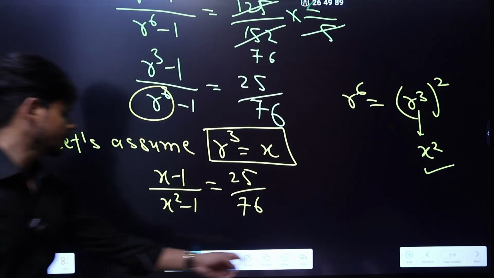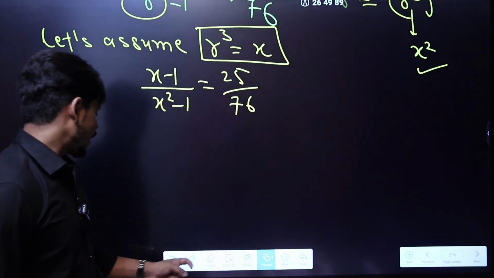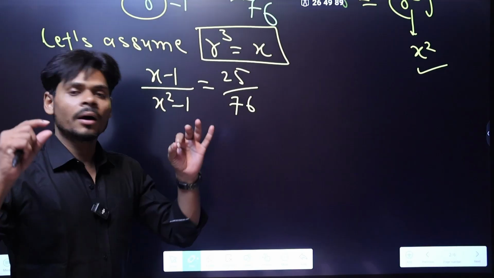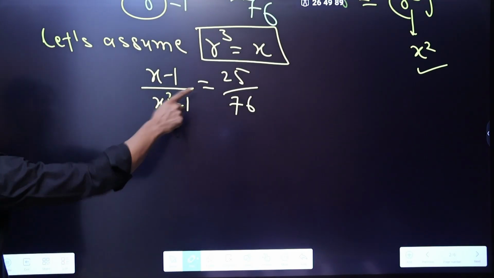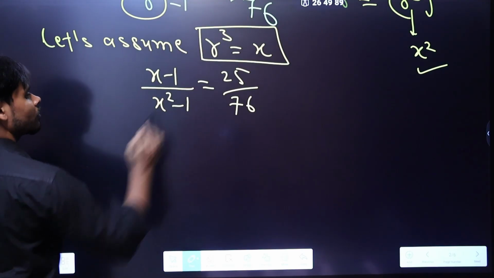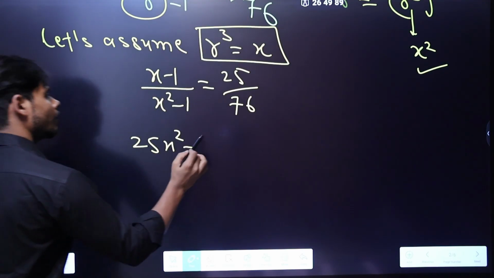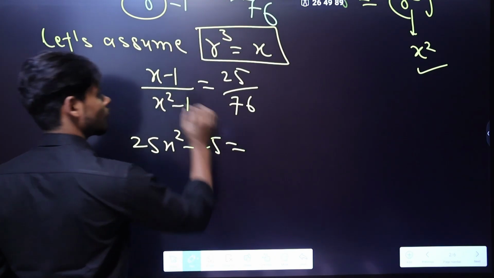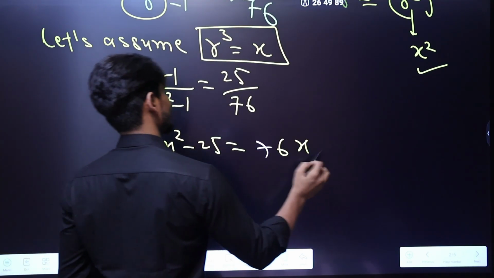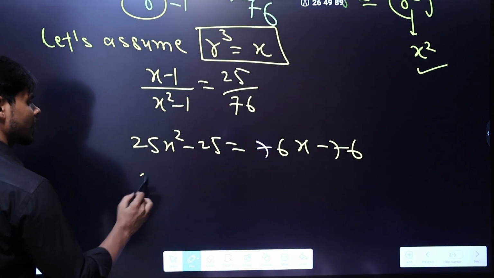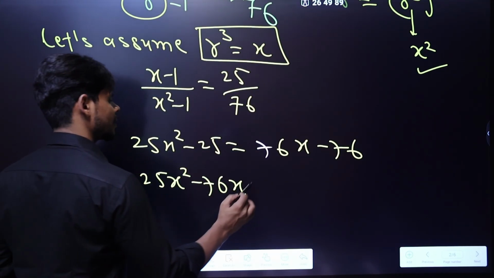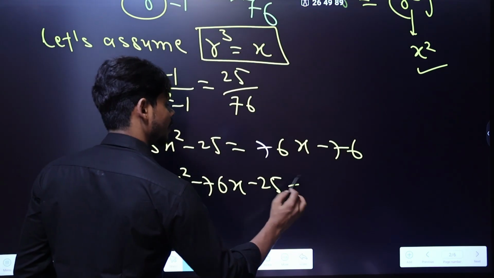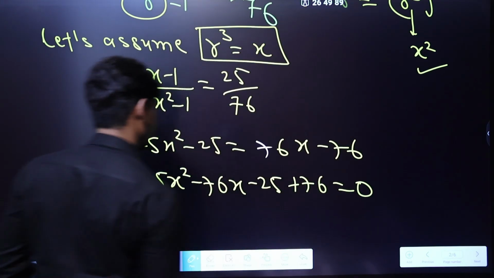Got it? Now you can cross multiply and this time you will get only a quadratic equation. So let's cross multiply. This will become 25x square minus 25 is equal to 76 times x minus 76, or later it will become 25x square minus 76x minus 25 plus 76 equal to 0.